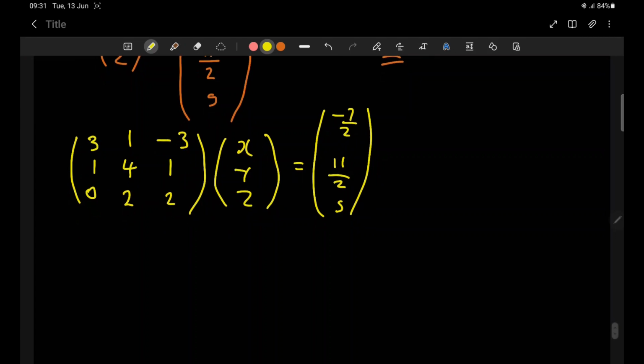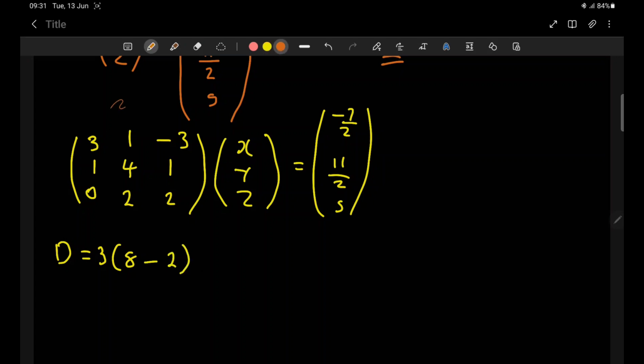Using Cramer's rule, first we find the determinant, which we label as D. For the determinant of this matrix, using the same principle, we eliminate this column and this row, with 3 multiplying what we get inside. So 4 by 2 minus 2 multiplied with 1: 4 multiplied by 2 is 8, minus 2 times 1, which is 2.